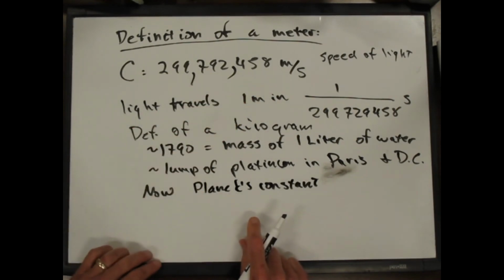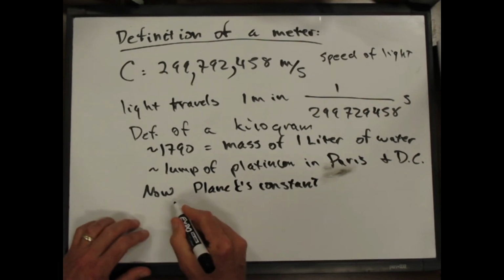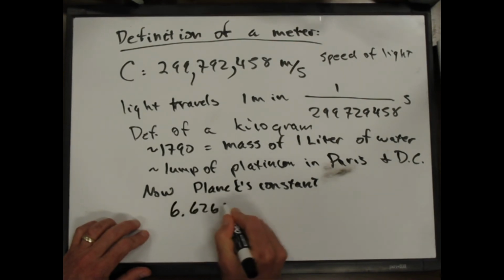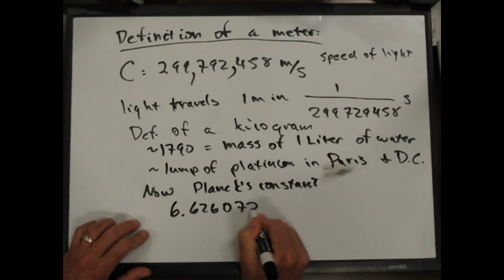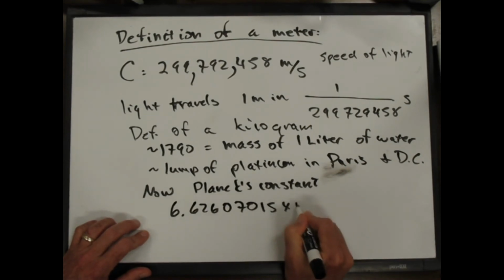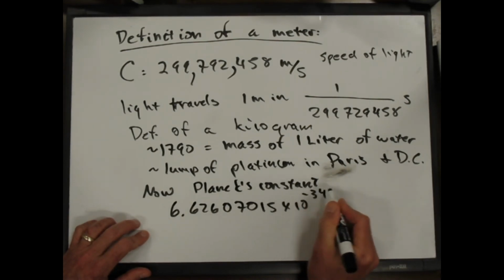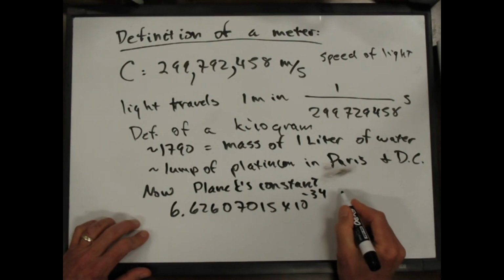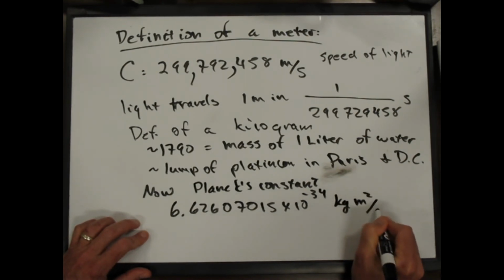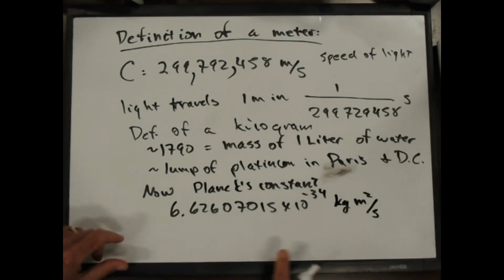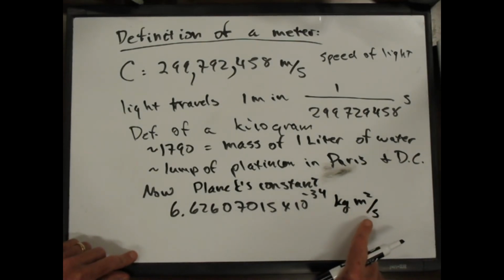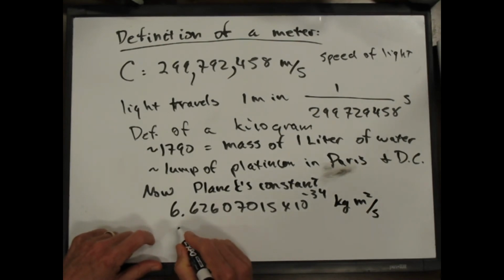It's just a property of the universe, and its value is 6.626070015 times 10 to the minus 34, and its units are kilogram meters squared per second. We've already defined what a meter and a second are, and so this defines a kilogram.